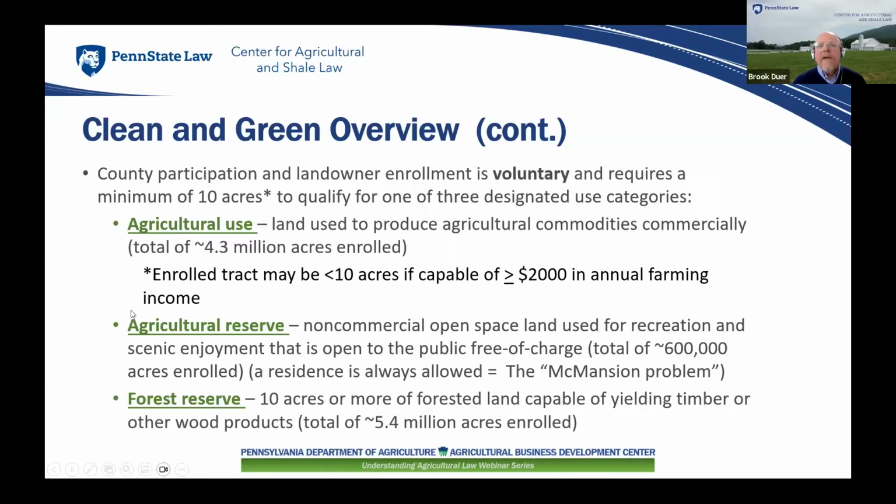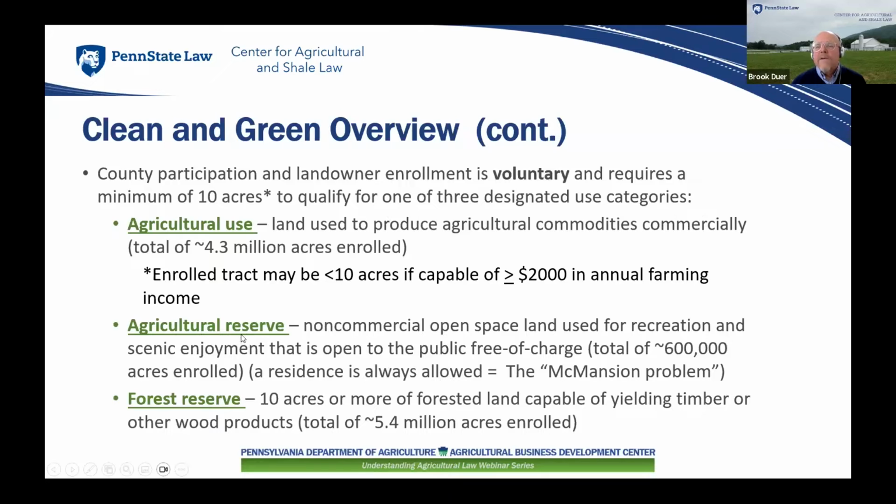But what this agricultural reserve category leads to, of course, is that you can live on this property, and I don't want to make light of it, but that's what's led to the controversy in the agricultural reserve category of what I would just call the McMansion problem. These are people who live on properties of more than 10 acres, not necessarily engaging in anything in the way of producing timber or wood products, nor anything to do with agricultural commodities, basically just living there in a beautiful home and enrolling.